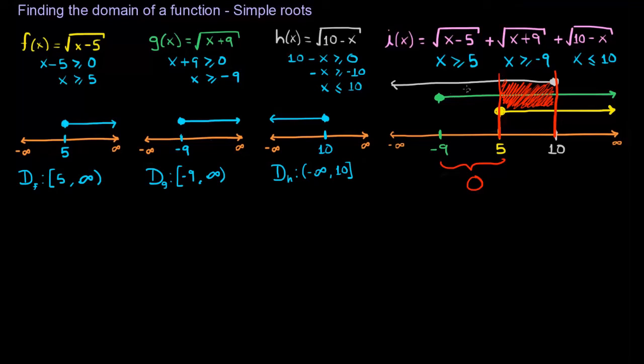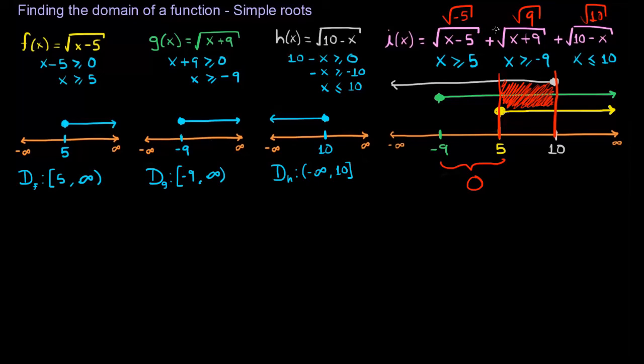If you substitute it in here, you will get the square root of 10, which works out fine because it's a positive number inside. Now, if you substitute it in here, you will get a positive 9 inside the root, which is just okay. But if you substitute in here, you will get as a result the square root of negative 5.